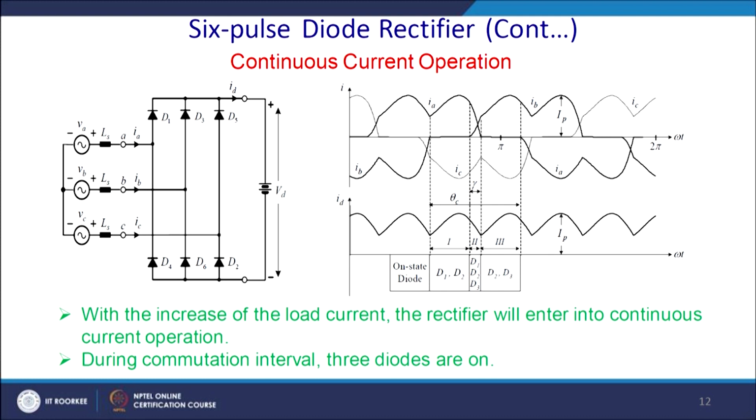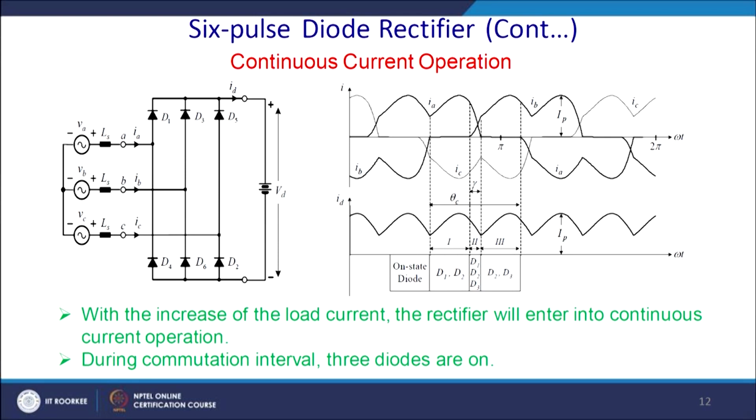We can have a continuous current operation if we increase the load, and thus the value of the VDC will come down. What we will find is that this is the IA, this is the IB, and this is the IC.